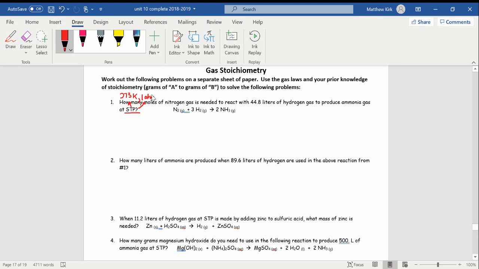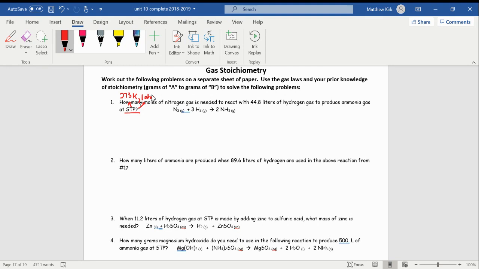All right, so let's do number 1. This is the first method of gas stoichiometry, when the reaction is occurring at STP, standard temperature and pressure. Number 1 asks how many moles of nitrogen gas are needed to react with 44.8 liters of hydrogen gas to produce ammonia gas.